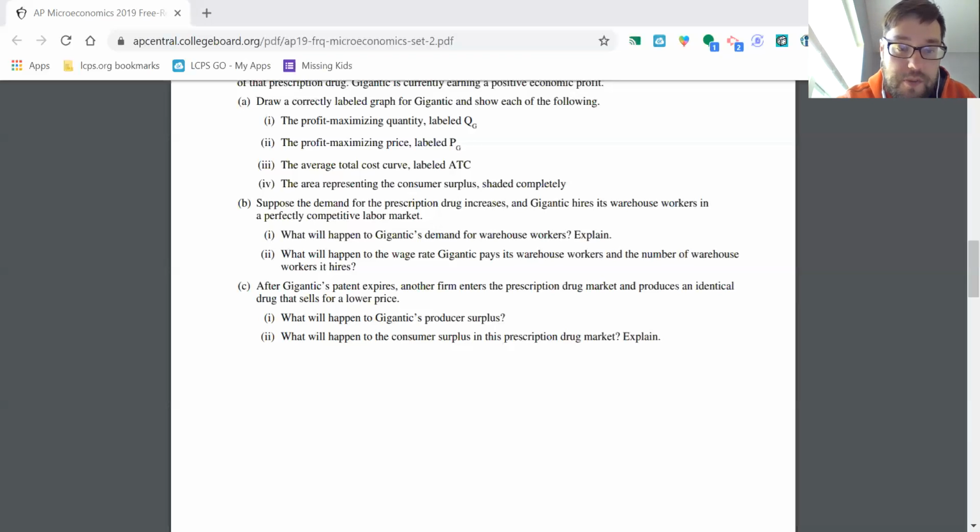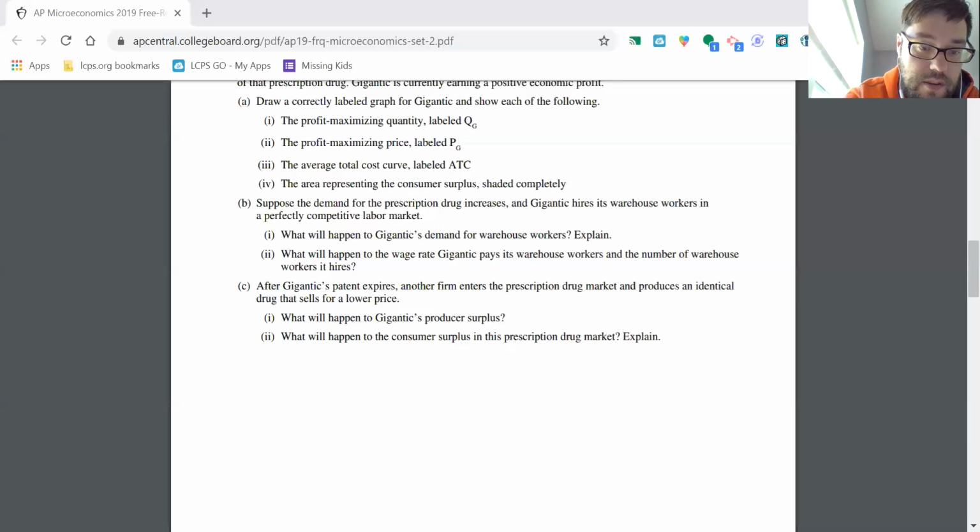So let's go back to our initial graph here. In monopoly, there is no supply curve, right? So think of the marginal cost curve as the supply curve. Extend that a little bit further. So the area of producer surplus is the area above the marginal cost curve, up to the price and to the quantity, right?